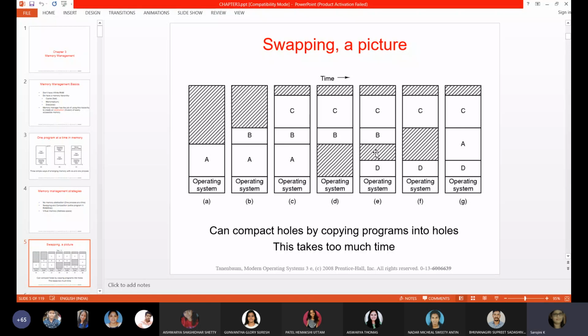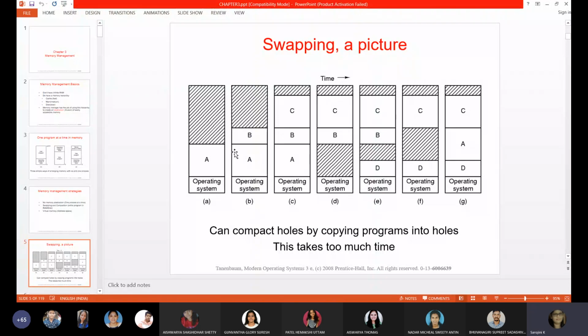There is space, of course, because 20 plus 10 is 30 bytes, but still you can't allocate. Why? Because the free spaces are scattered in the main memory. Though you have free space, you can't allocate the new process.